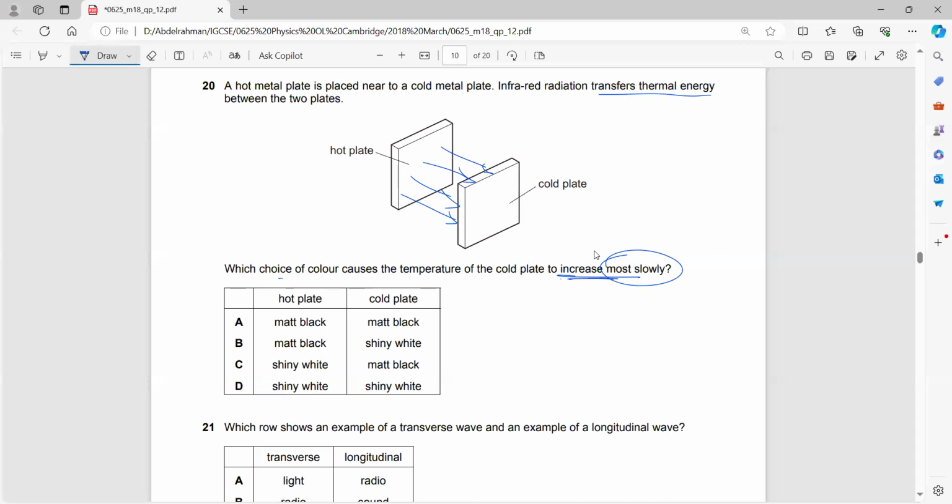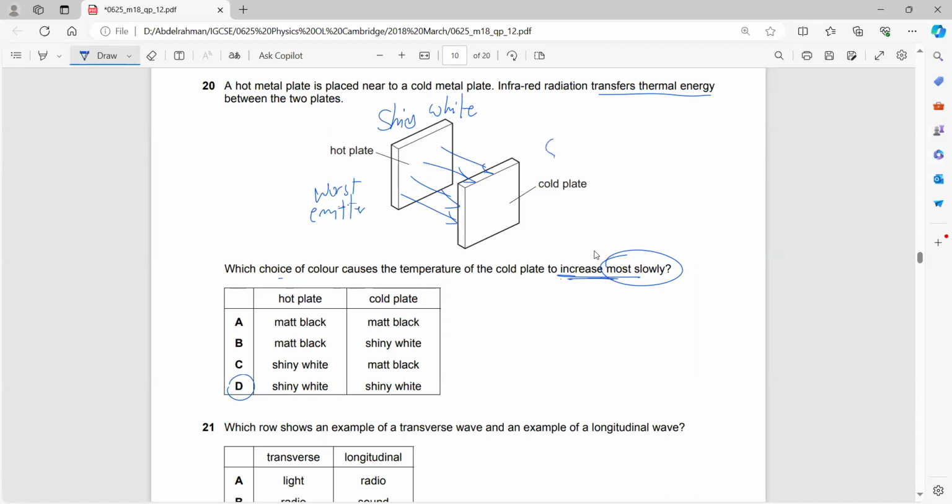Yes, great. Perfect. It is shiny white and shiny white. Why shiny white and shiny white? If the hot plate was shiny white, it would have been the worst emitter. So it would give off radiation, it would give off heat, but at a very slow rate.